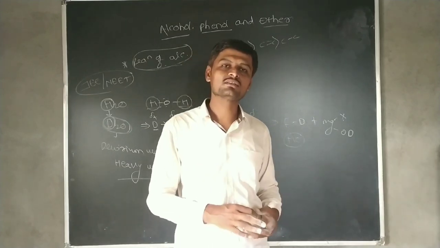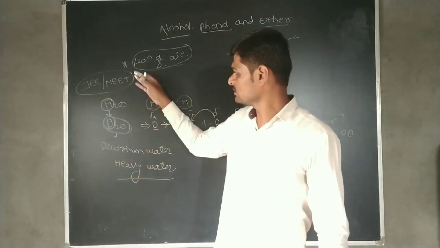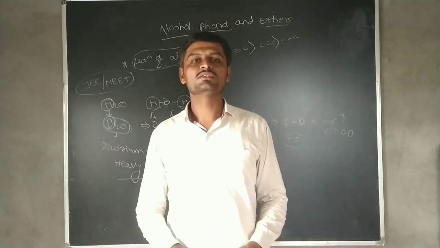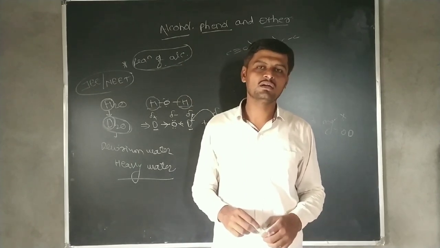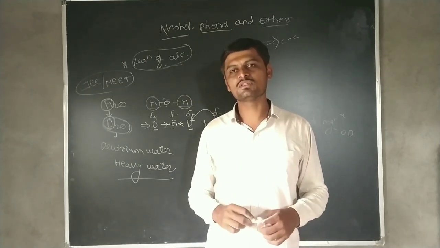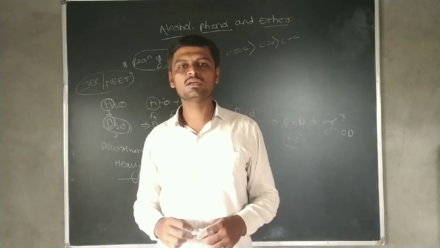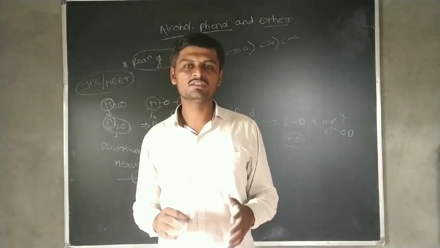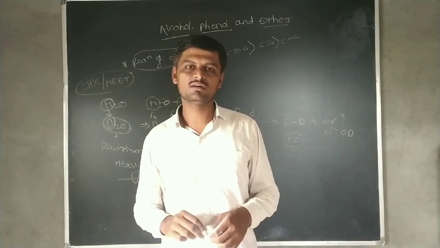We saw some functional groups which contain acidic hydrogen, and if acidic hydrogen reacts with Grignard reagent, it forms the corresponding alkanes. Okay guys, this is a most important point for JEE, NEET as well as CET exams.